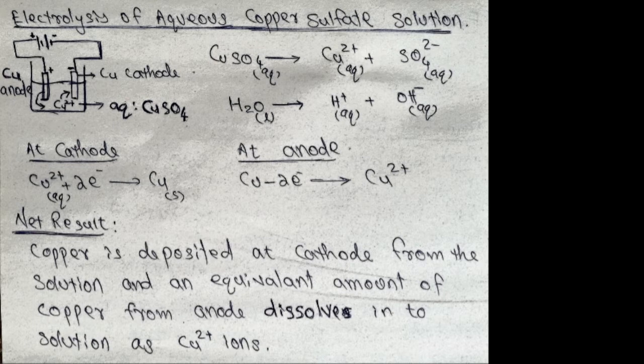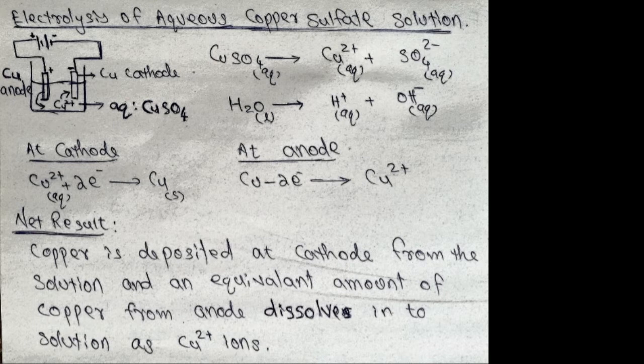Okay, so here Cu2 plus has the higher E0 value, so Cu2 plus will deposit at cathode. Cu2 plus is reduced at cathode because its E0 value is higher than H plus. Similarly, at anode there are three possible oxidation reactions. We know there are two anions, SO4 2 minus and OH minus.